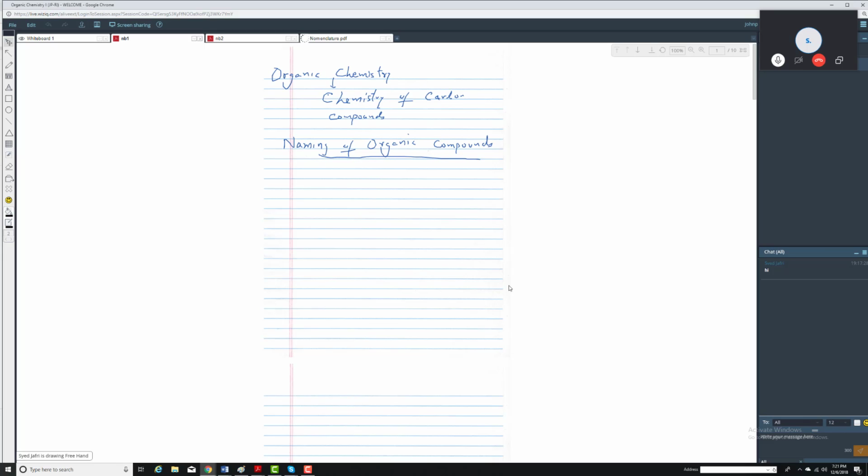So they started a very systematic naming called IUPAC naming. We do not have to memorize the compound's name. We learn the method, the rules, of how to name the organic compound, and we can give the names without memorizing. IUPAC system of naming.